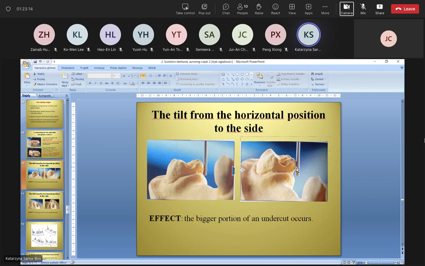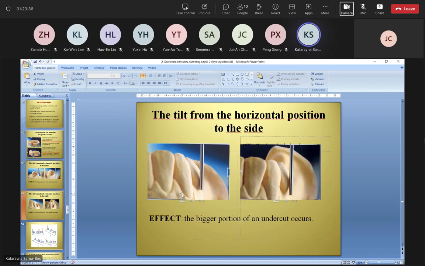But remember, that retentive surface should have guiding planes, leading surfaces. So then we should find the leading surfaces for that retentive surface. Then we can decide to put the clasp, or design the clasp, on that surface.